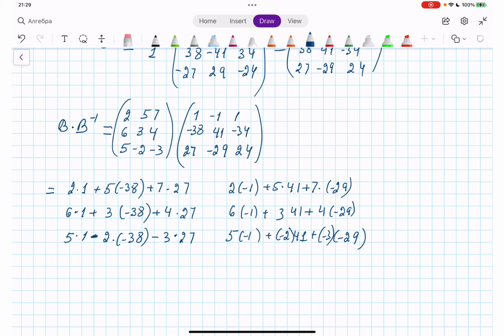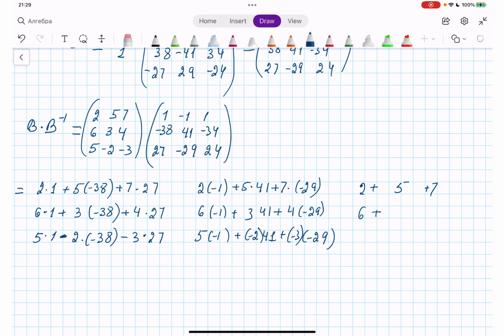Okay, I need to leave some space here. 6, 3, and 4, and then 5, negative 2, negative 3. Hold on, let me fix it.